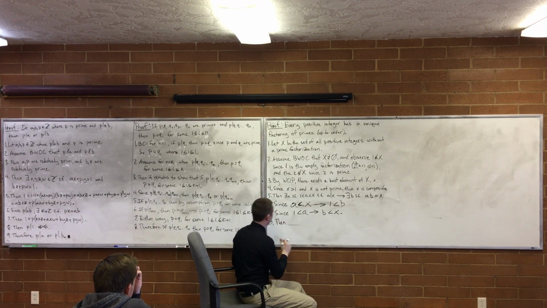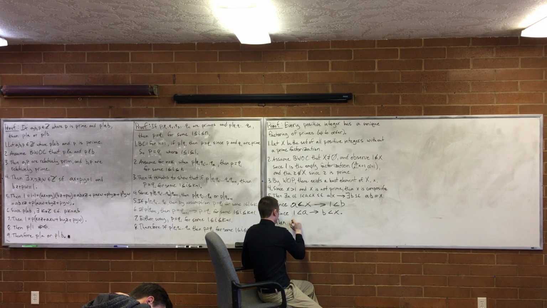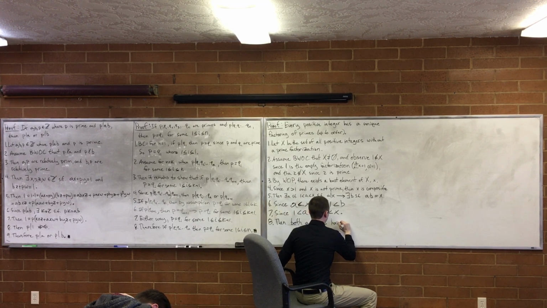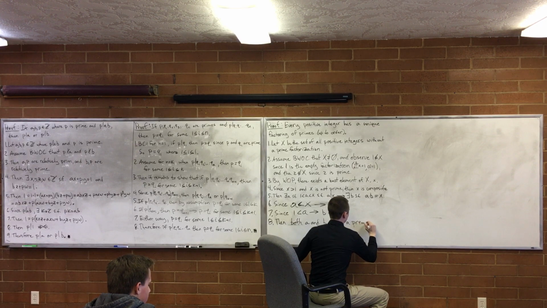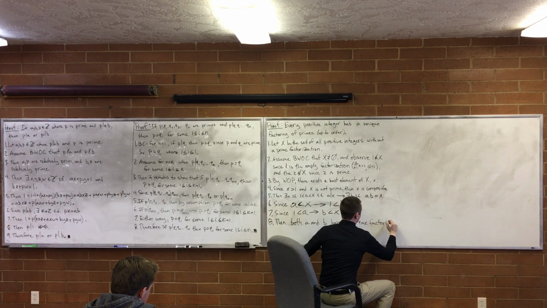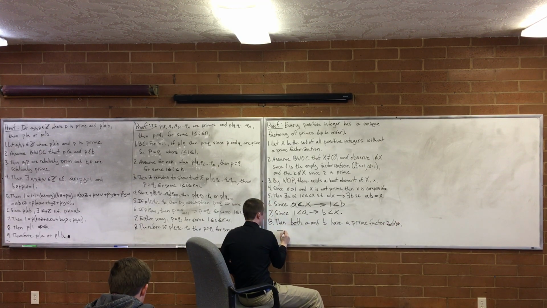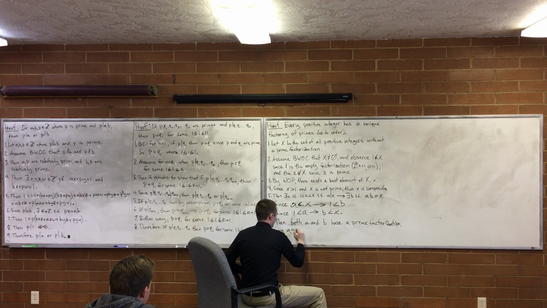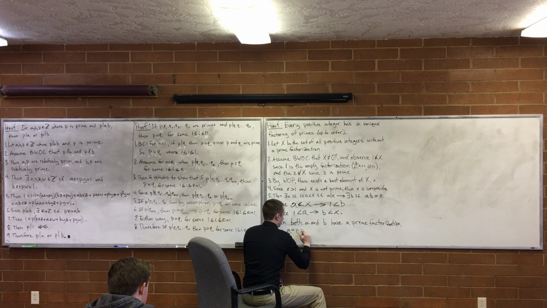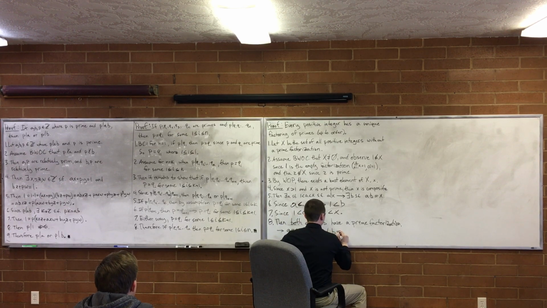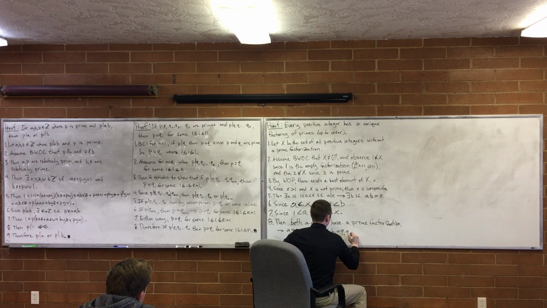Then both a and b have a prime factorization, which gives a can be written as P1 times P2 times ... times Pn, and b can be written as Q1 times Q2 times ... times Qk.